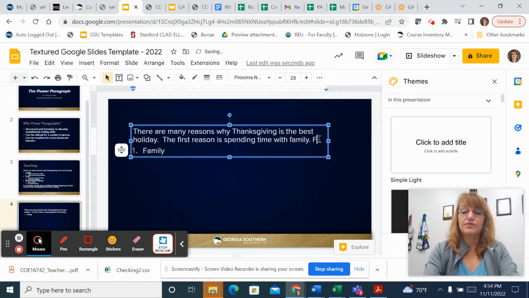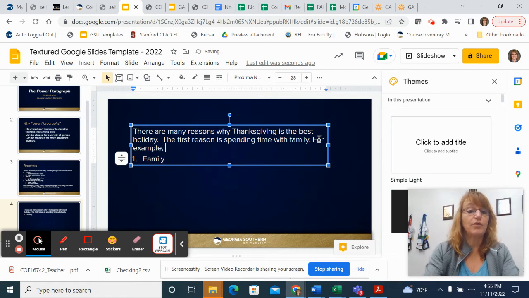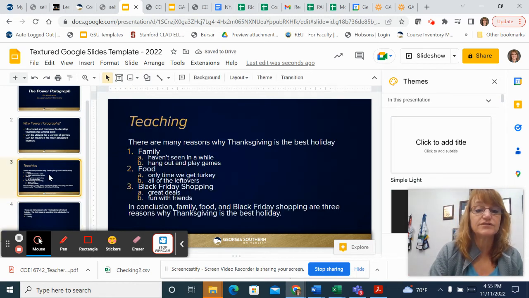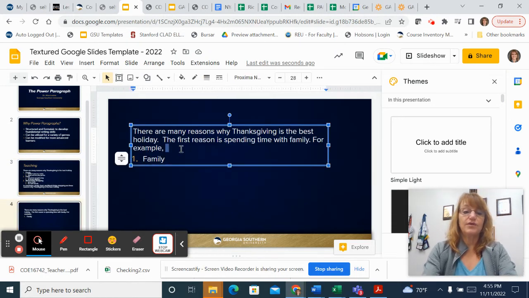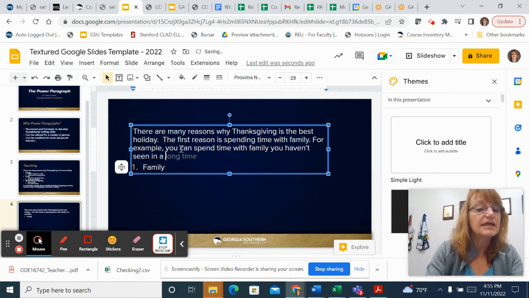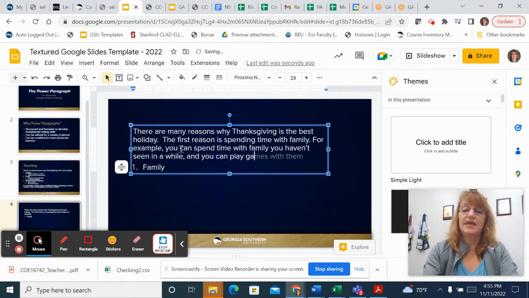Then you want to include that transition there in front of your details. For example, you can spend time with family you haven't seen in a while, and you can play games. Okay.